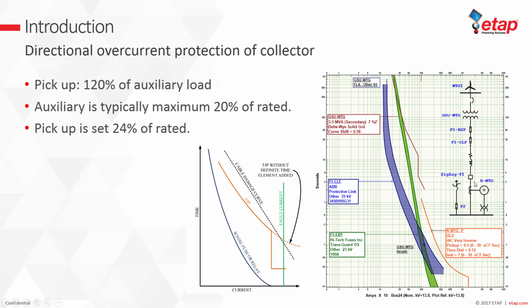Also, there is a directional overcurrent protection to protect the collector from a fault on the cable. The way the system is coordinated, we make sure that our phase overcurrent relays are coordinated with the fuses and their curves are above the fuse characteristic in this case.